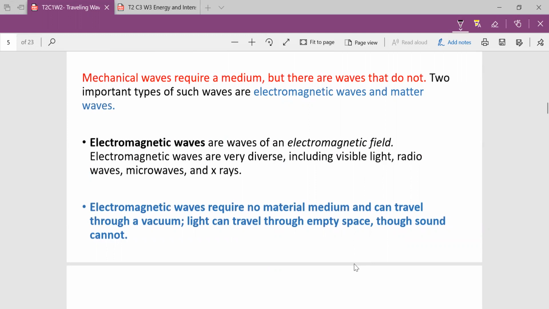When we talk about electromagnetic waves, the first thing that should come to your mind is that they require no material medium for propagation, and they can travel through a vacuum. They travel at the speed of light, okay? So light can travel through empty space, and so can all electromagnetic waves.